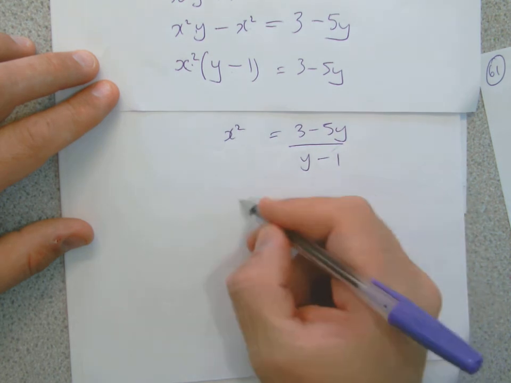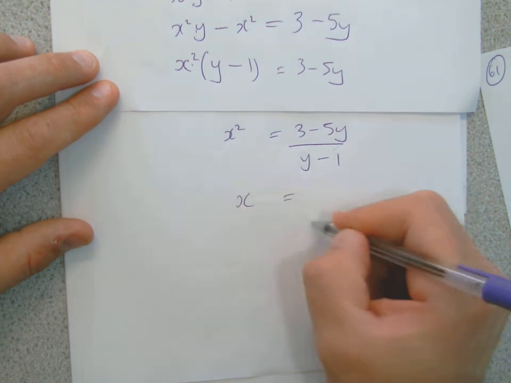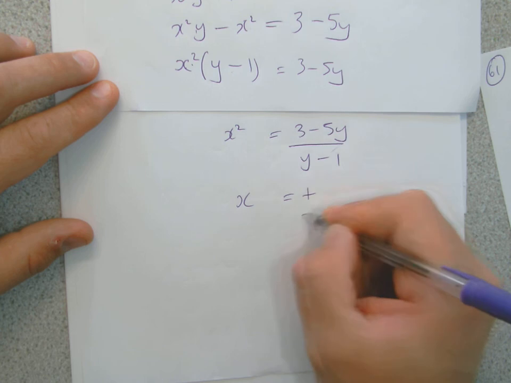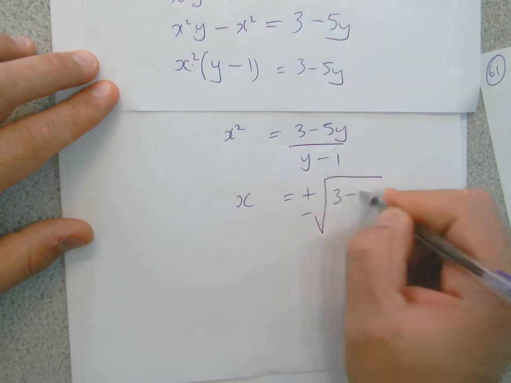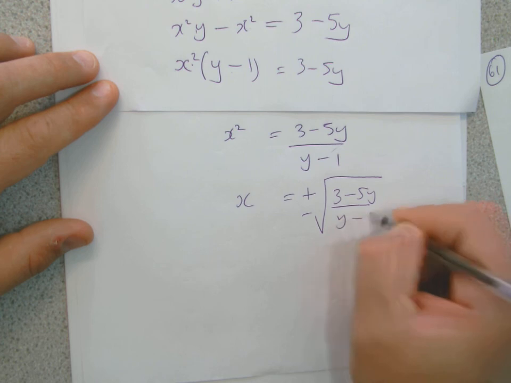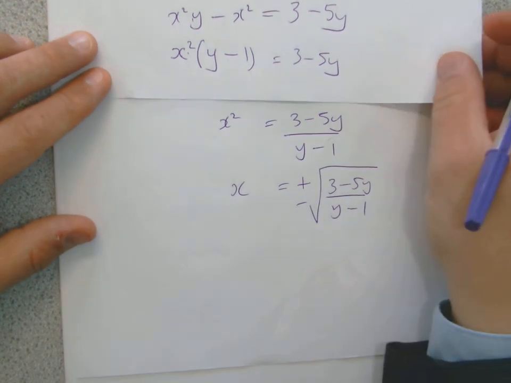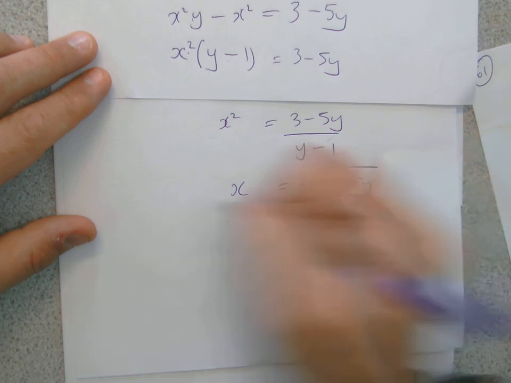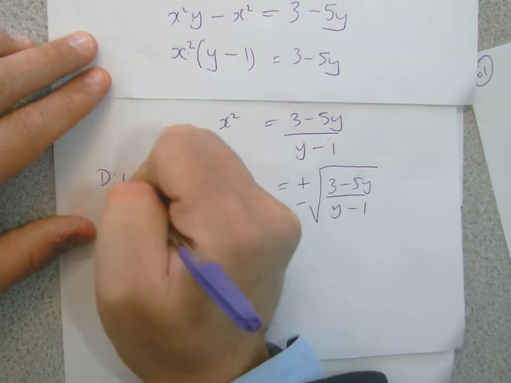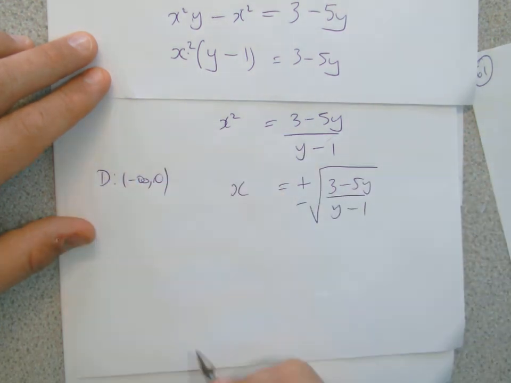And then you just have to take the square over and square root. And of course when you square root, you've got to do plus or minus. Then you've got to decide, is it positive or is it negative? If you remember back, the domain was minus infinity to 0, wasn't it? It says in the question.